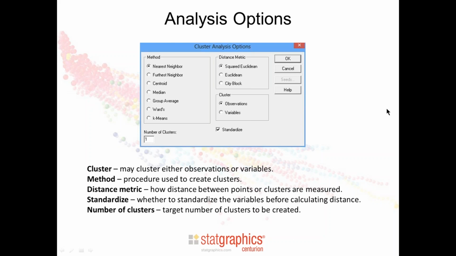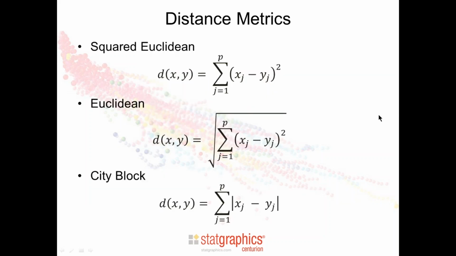Okay. Now, a little bit more about how we measure distance between observations. Let's suppose we looked at 2 countries, country X and country Y. And if you like, you can think of each country as being a point in a 10-dimensional space.